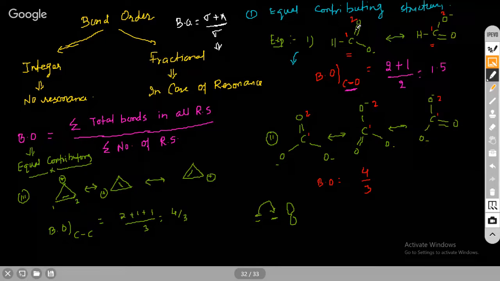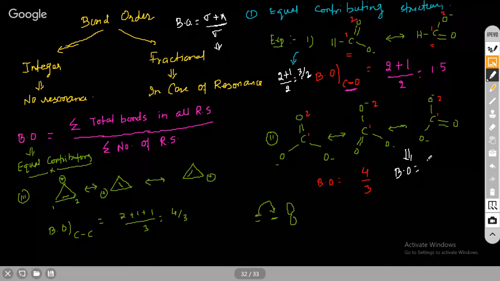So according to this formula, if you calculate the bond order of this particular molecule, how many sigma bonds? One here and one here. Two sigma bonds and one pi bond divided by sigma 2, so 3 by 2. Same value we are getting. For this one, 1 sigma bond here, 2, 3.